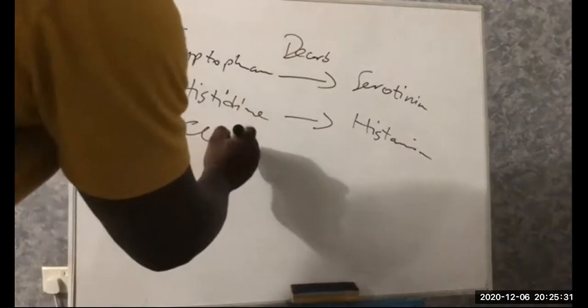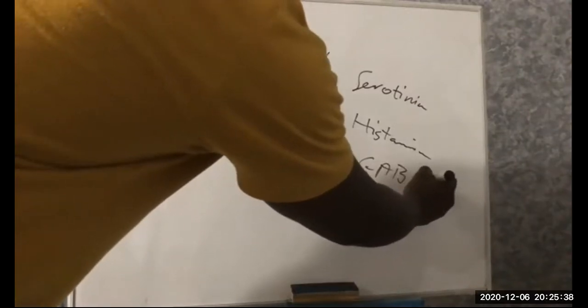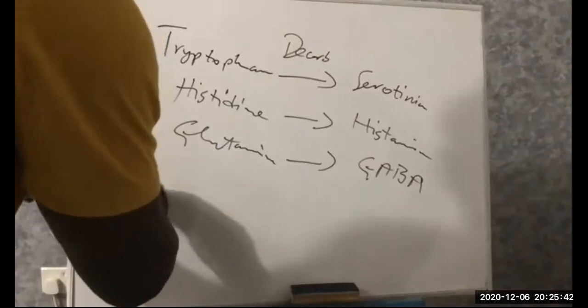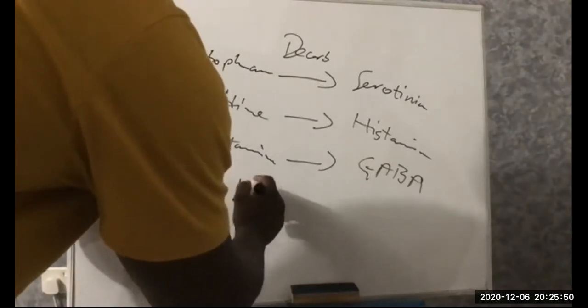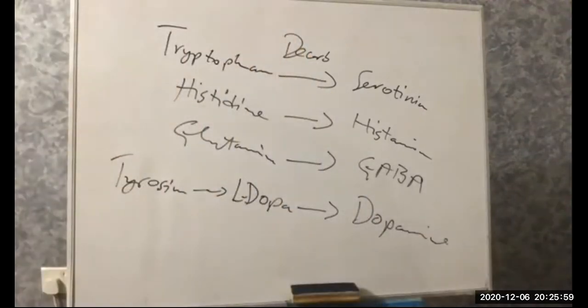Glutamate undergoes decarboxylation to form what? GABA. Good. Tyrosine will first undergo hydroxylation to form L-dopa, okay? And L-dopa will undergo decarboxylation to form what? Dopamine. Okay?